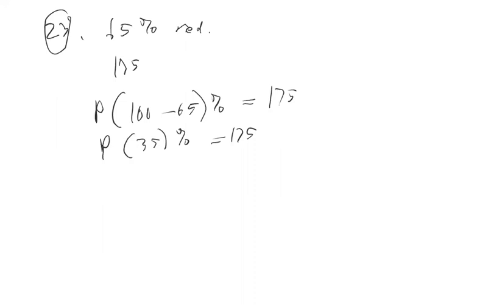So the price times 0.35 equals 175. Now we're going to divide by 0.35 on both sides. So then the price equals 175 divided by 0.35, which will give you 500.